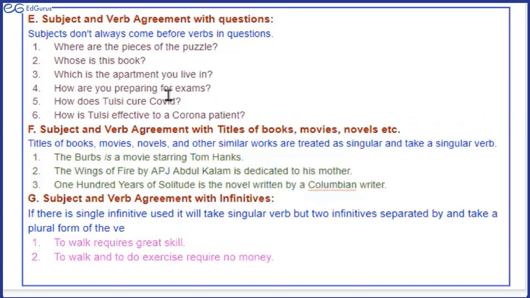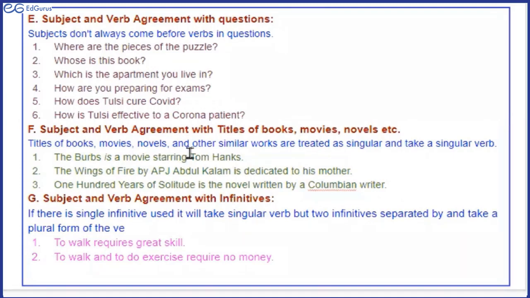How are you preparing for exams? How does Tulsi cure COVID? How is Tulsi effective to a corona patient? Clear? You won't find any difficulty in doing this if you know how to frame questions, right?